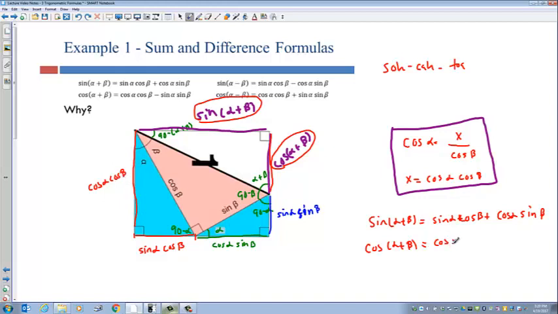So cosine alpha, cosine beta. And then you take off the blue side, right? So if you take this red side and take off the blue side, you get this purple side right here back. And so we'll take off, so minus sine of alpha, sine of beta.